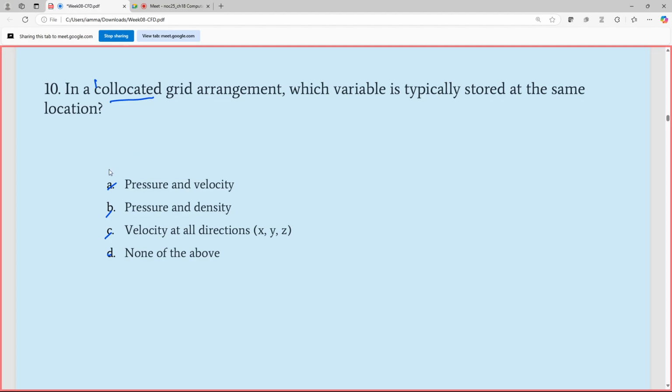Our answer is option A, pressure and velocity. This collocated grid arrangement is a method for pressure velocity coupling. In collocated grid arrangement, the pressure and velocity will be stored at the same location in the grid.